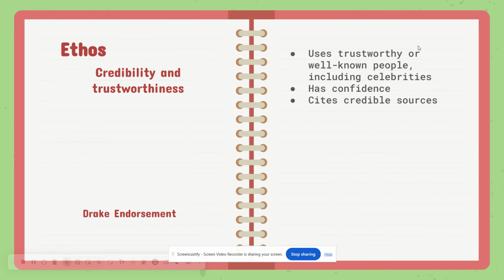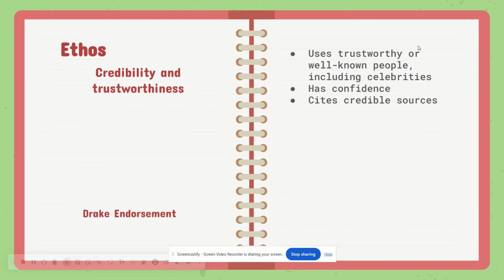Remember that the whole point of having rhetorical devices is that you are trying to persuade somebody of something. So we're going to start with ethos. I'm going to show you some important words to help you remember this device, and then I left you a little sneak peek of what we're going to watch. We're going to watch a commercial. In addition to reading, you can also view these devices, so you can see if this matches up to the definition.